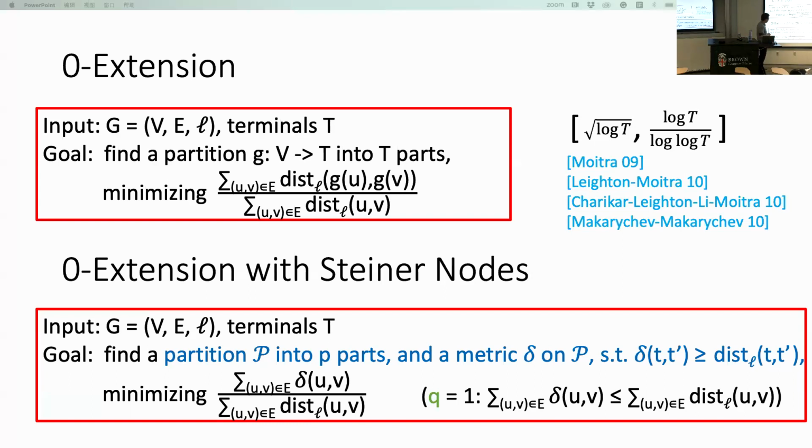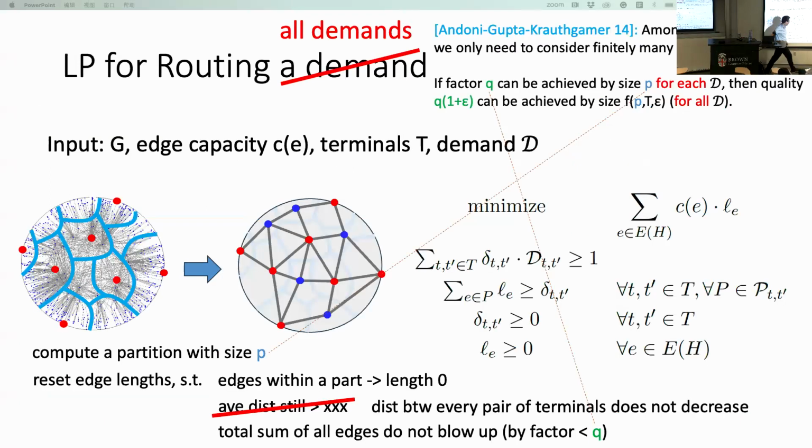Can you explain this ratio a little bit? So what is the objective? It is the total edge length. So the ratio is just the total new edge length over the total old edge length. This is the ratio.